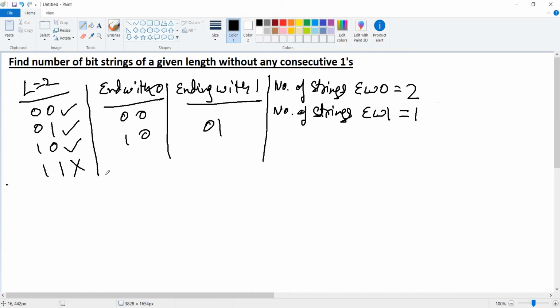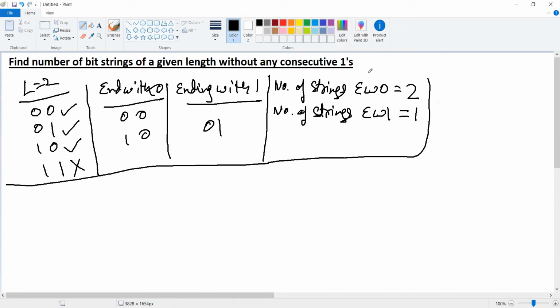Now similarly, I can proceed with this data for length equals to 2 to make these strings for length equals to 3. For example, I'll be adding bits to these valid strings of length equals to 2 to make a string of length equals to 3.